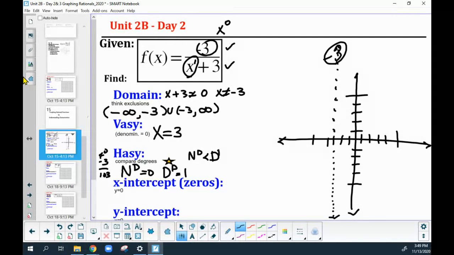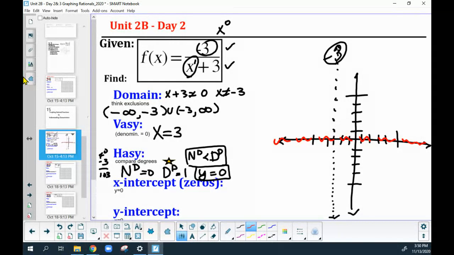In other words, the bottom is growing super fast every time you go to the right, and when it gets that fast compared to the numerator, the fraction always turns to 0. So in this situation, your horizontal asymptote will always be y = 0, which is in essence the x-axis. I'm going to make this red just so you can see it.